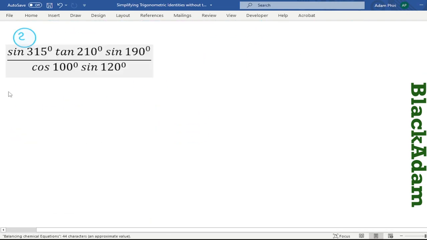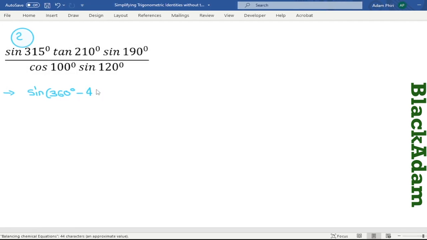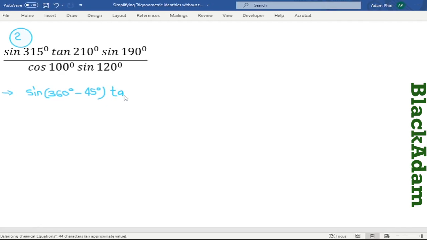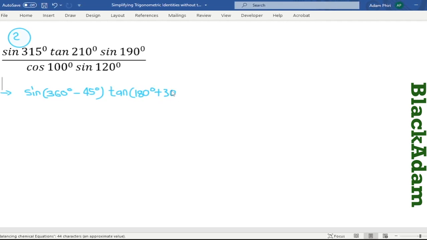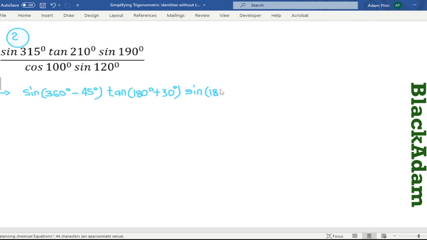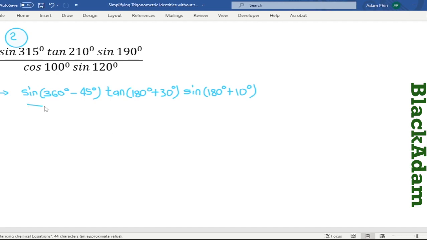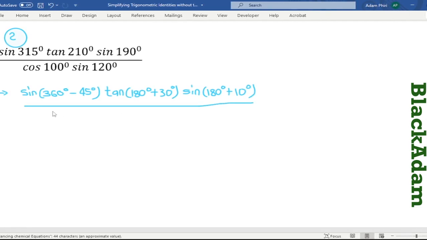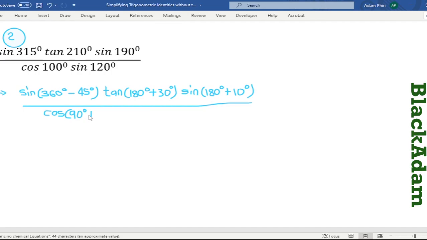Welcome to problem number 2, simplification of trigonometric functions. And again, sine 315 will be equivalent to sine of 360 minus 45 degrees, and then tan 210 degrees will be tan of 180 degrees plus 30 degrees, and then we have sine 190 degrees will be sine of 180 degrees plus 10 degrees, and then we have cos 100 degrees will be cos of 90 degrees plus 10 degrees.